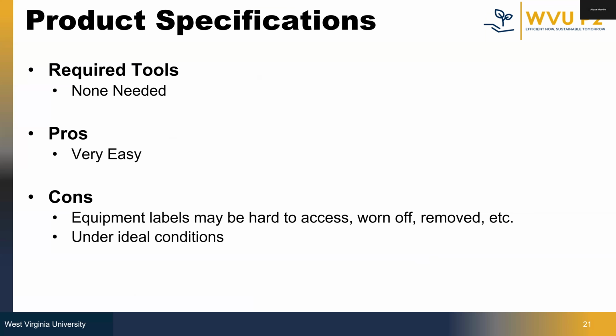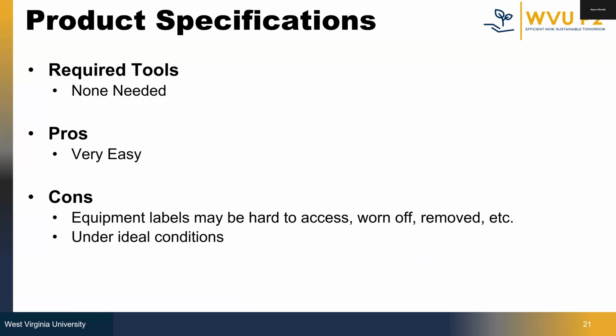It doesn't consider that maybe the burners aren't right, or we don't have the proper air to fuel ratio, or maybe something was installed slightly incorrectly, or we just never know. These are just under ideal conditions.